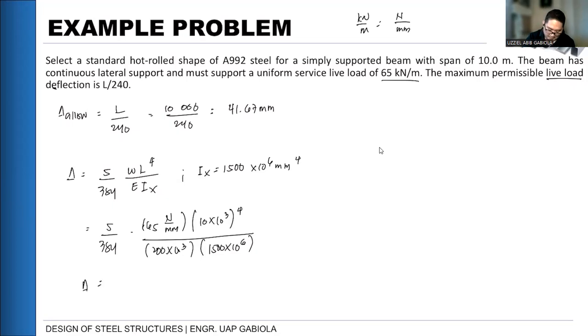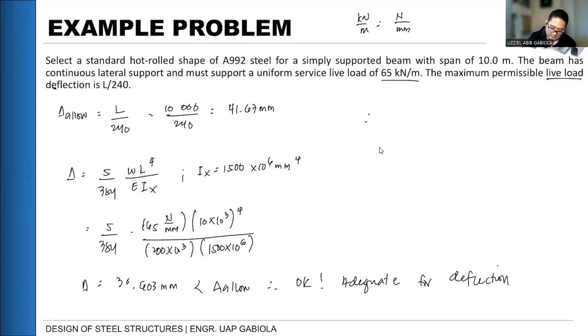Okay? Value natin is 30.603 mm, which is less than dun sa allowable natin. Therefore, okay or adequate for deflection.